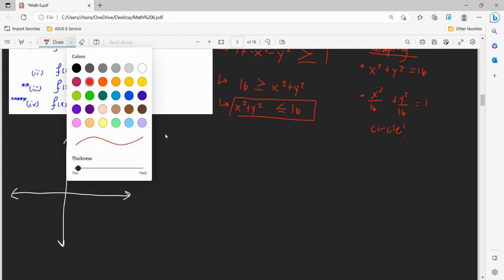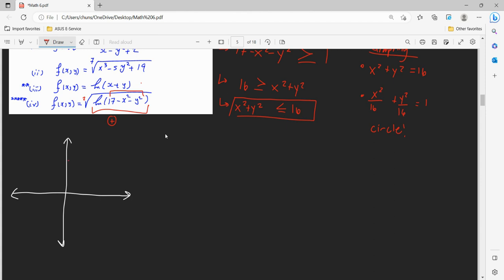And now we're going to use a solid line because we're using greater than or equal to, and the square root of 16 is 4, so we have 4 and negative 4, and it's solid because we have a greater than or equal to inequality.